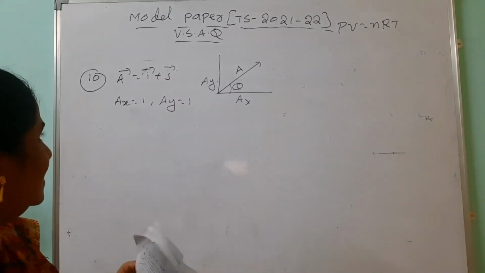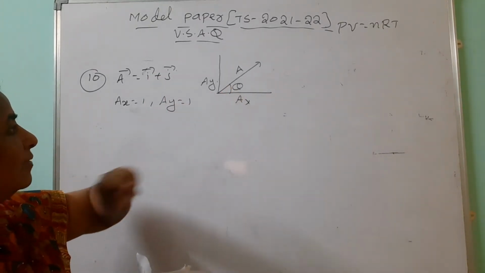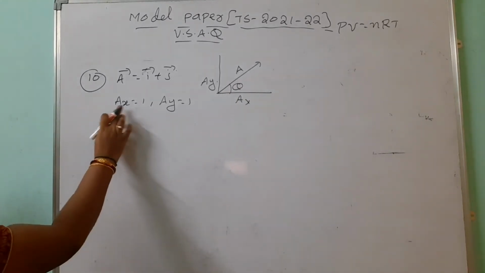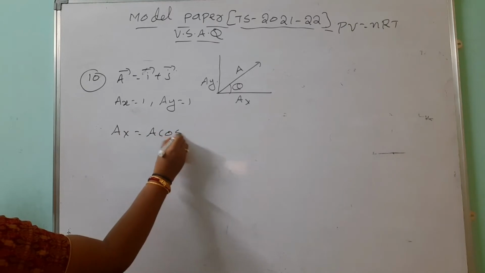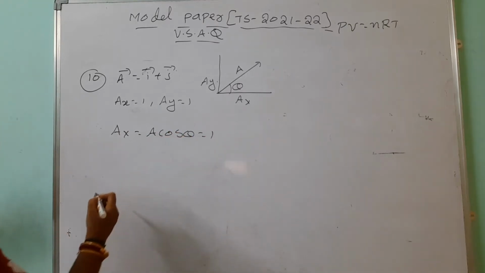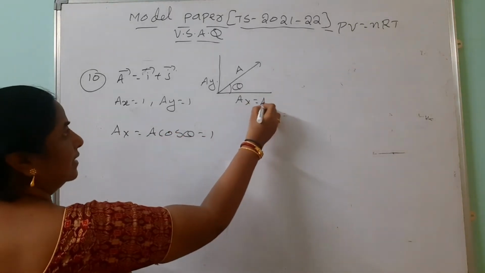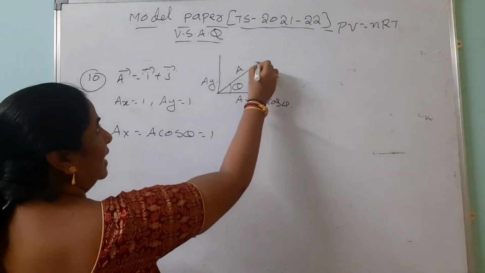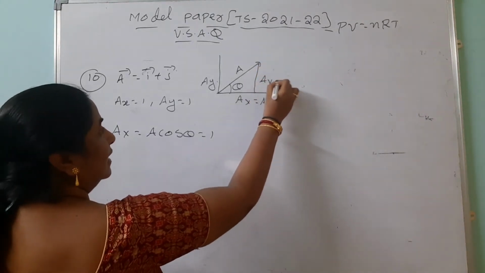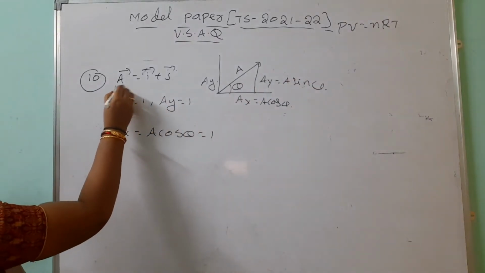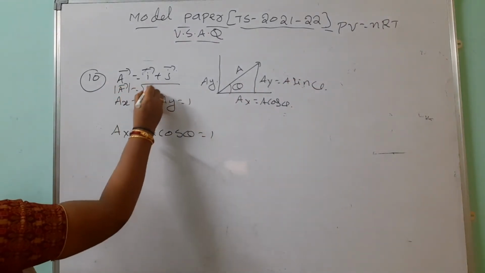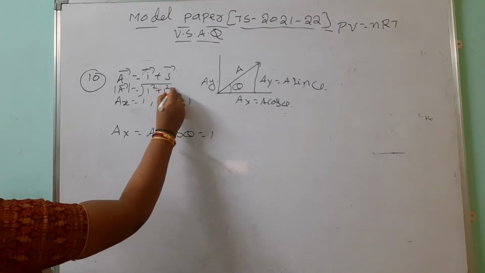The question is how much angle it will make with x-axis. We know that AX equals to how much? A cos theta is equals to 1. From the resolution of the vectors, Ax equals to A cos theta. Y component is how much? Ay equals to A sin theta. Then magnitude of A is how much? Under root 1 square plus 1 square is the root 2.